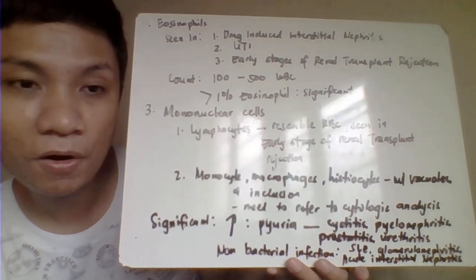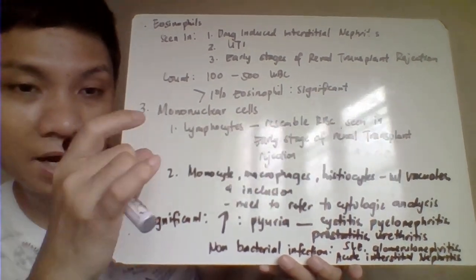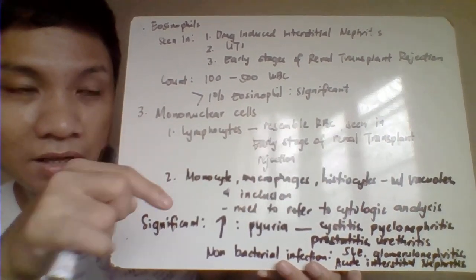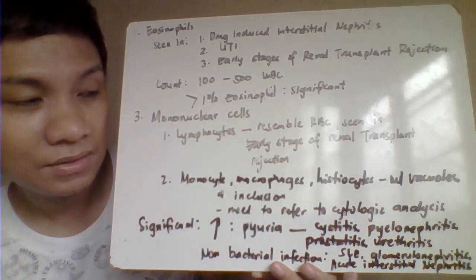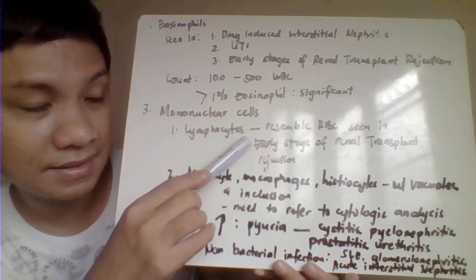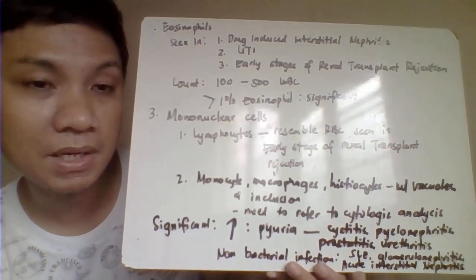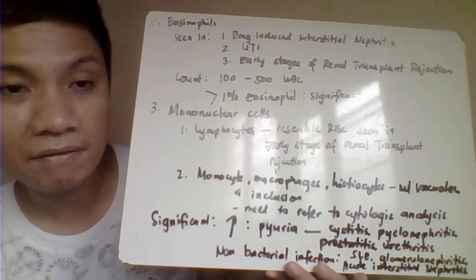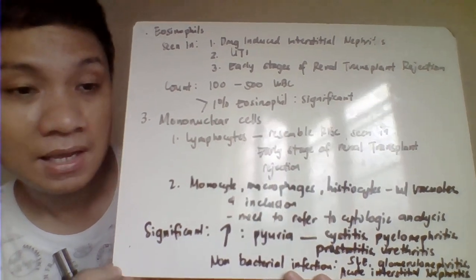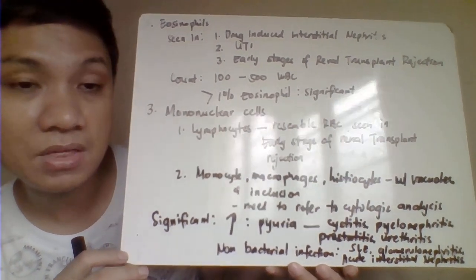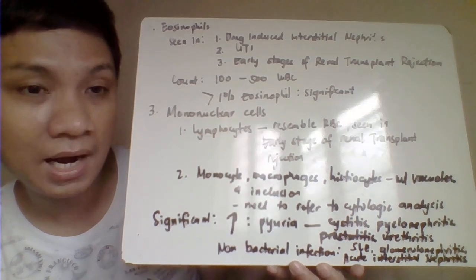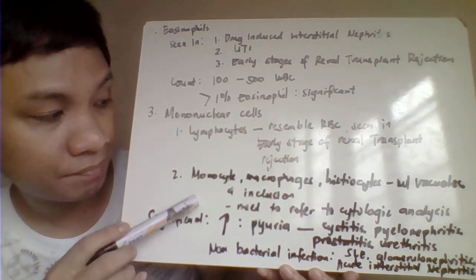We also have the mononuclear cells. Mononuclear cells have only a round nucleus. That includes your lymphocytes and other cells. Lymphocytes, because they are small, would have the same size as the RBC. Lymphocytes could usually be found in the early stages of renal transplant rejection.